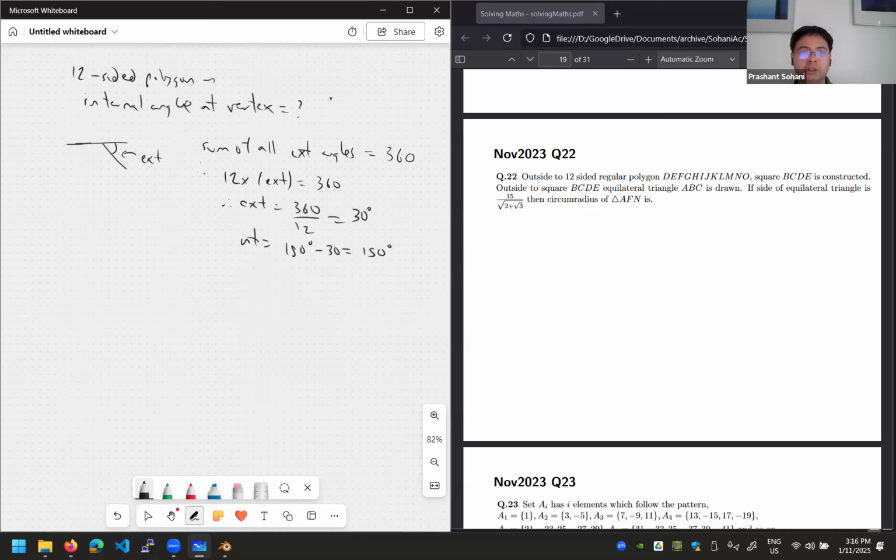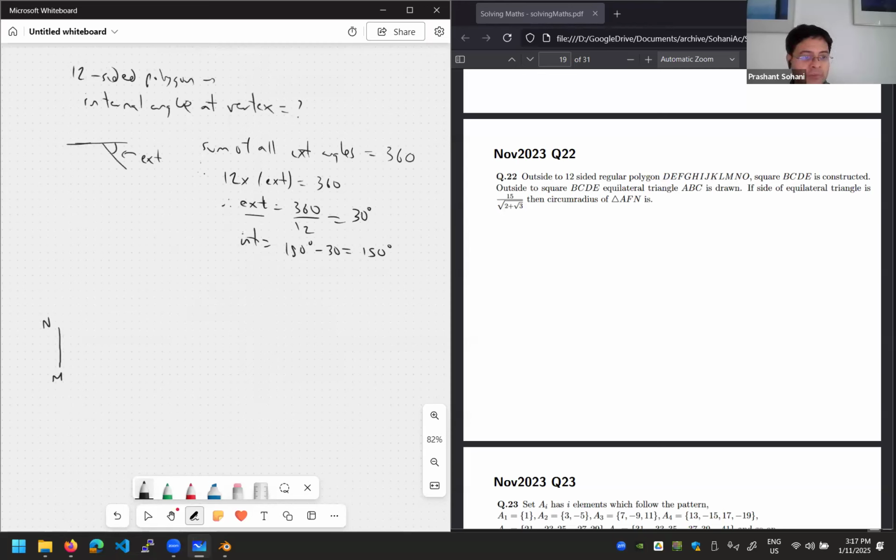Or you must have already found the formula for the internal angle, and you can directly apply that. Given that all the external angles are 30 degrees, this is how I will draw the diagram. Let's say I start from MN. From N to O, I have to make a 30-degree turn.